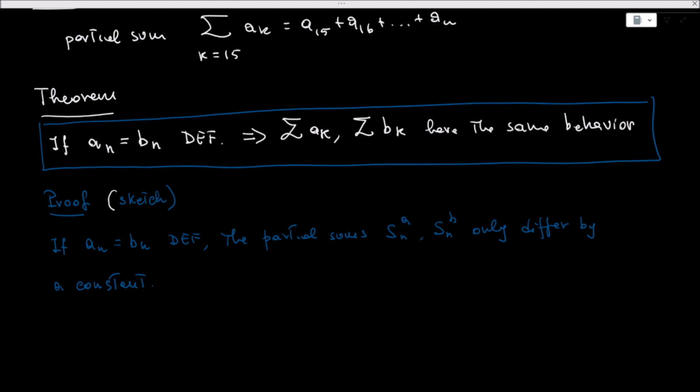Okay, so the difference between the partial sums can only be a constant, but this doesn't change the nature of the limit.